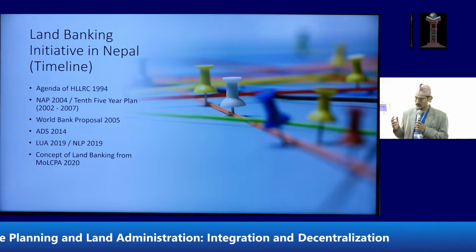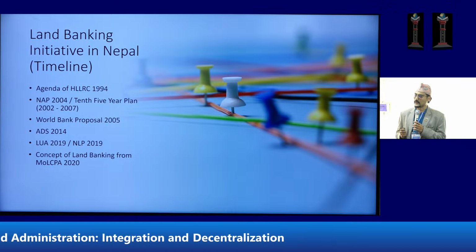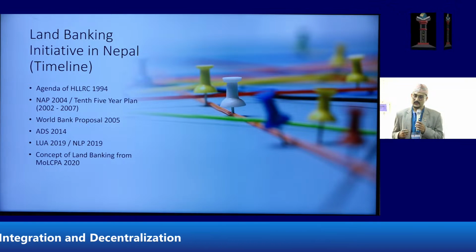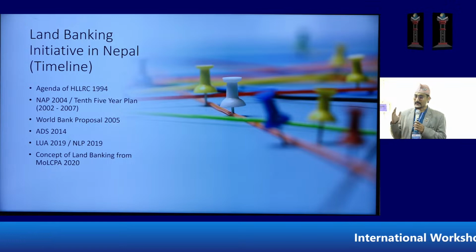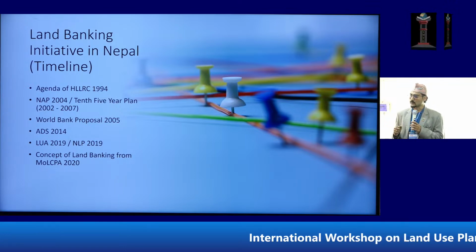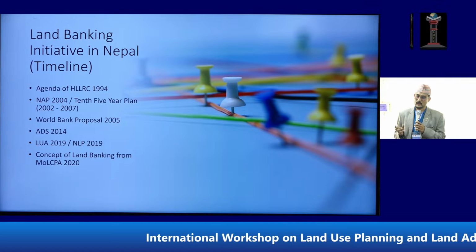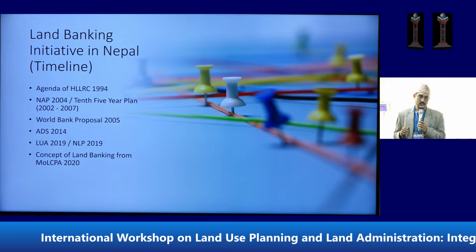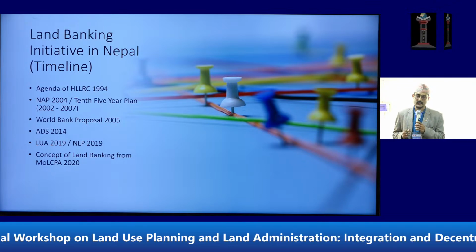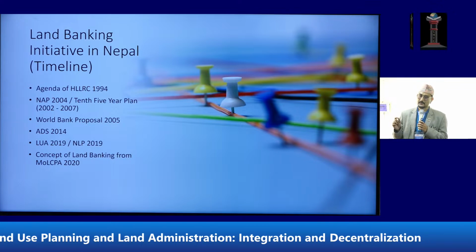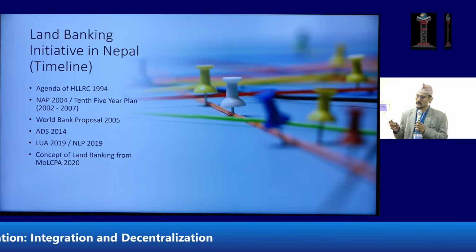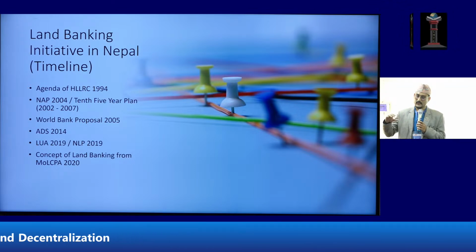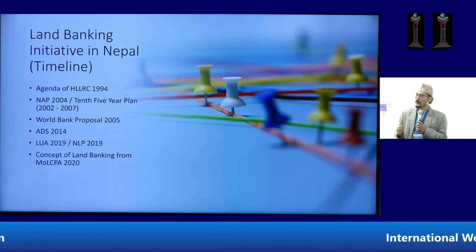While we look at the historical timeline of the initiatives taken for the establishment of a land bank in Nepal, the agenda arrived in 1994 with the formation of the high-level land reform committee that conceptually enlisted the term land bank in their agenda at that time.